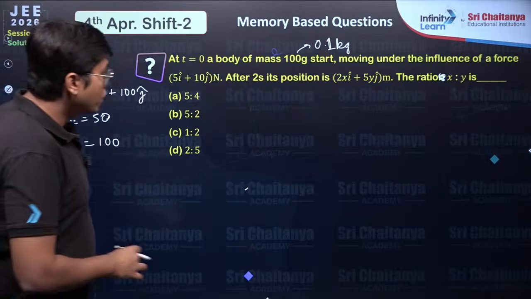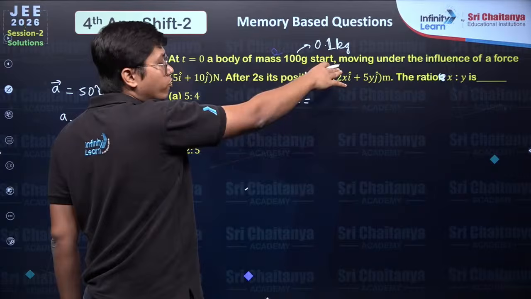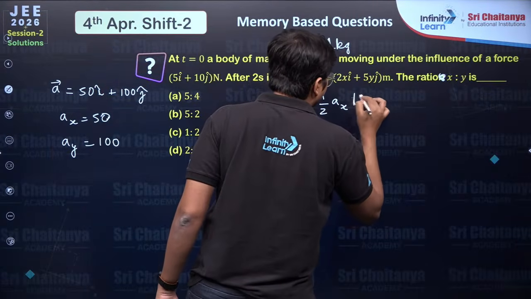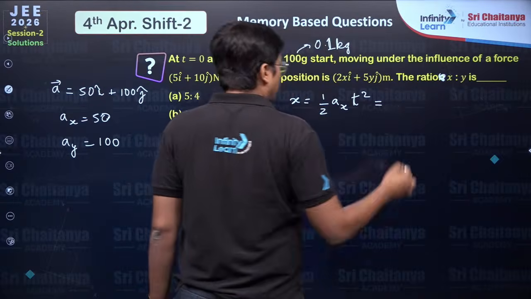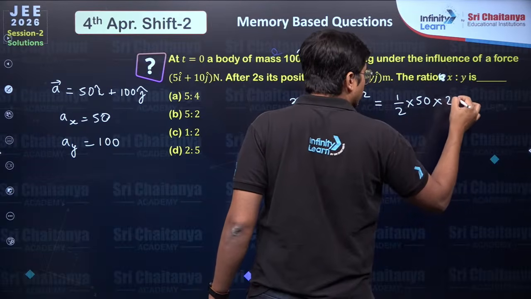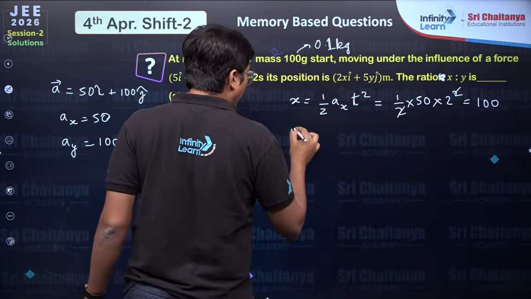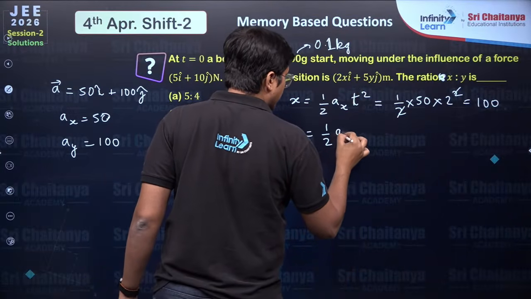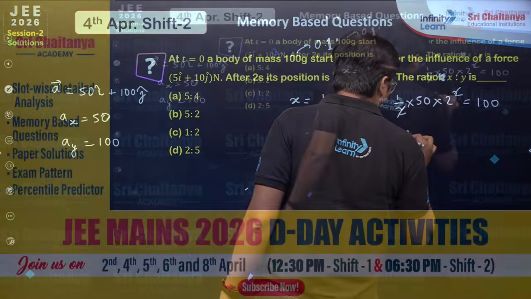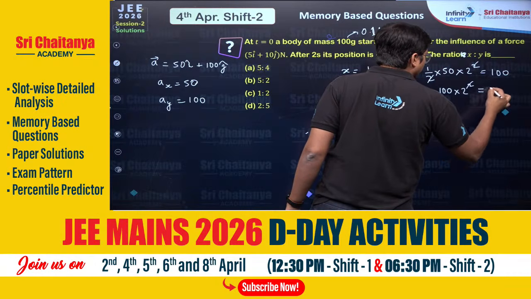Constant acceleration. So I can get x is equal to, it starts moving, meaning initial velocity is 0, so x is equal to half AX t square, half into 50 into the time square, which is 2 square. Take one of the 2's out, that is 100. And the y coordinate is half AY t square, that is half into 100 into 2 square, this goes, I have 200.